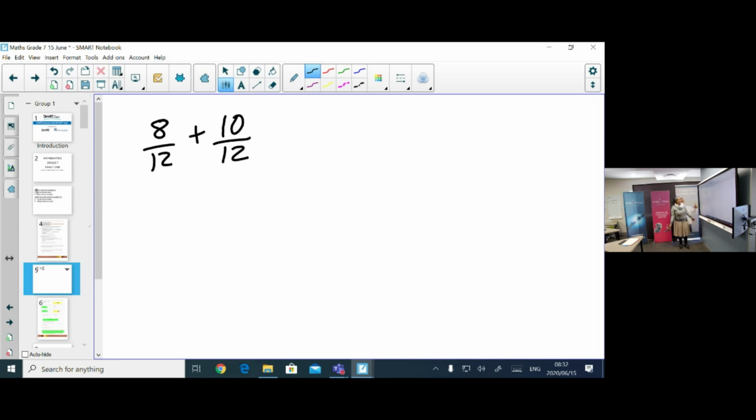So when we add, we know that the LCM is 12, and 12 into 12 goes once, times 8 is 8, plus 12 into 12 is 1, times 10 is 10. And when we add here, we get 18 divided by 12.